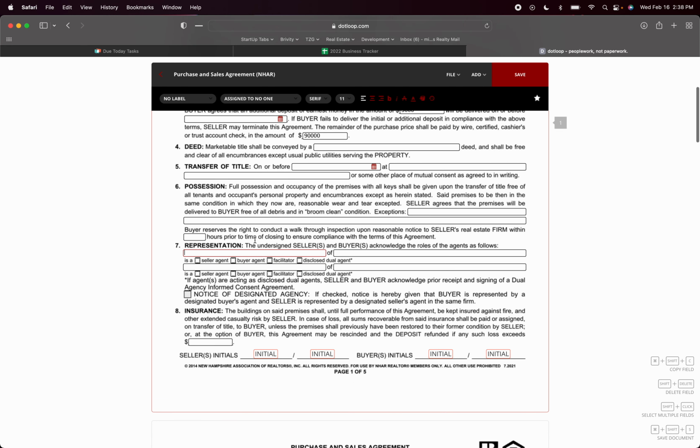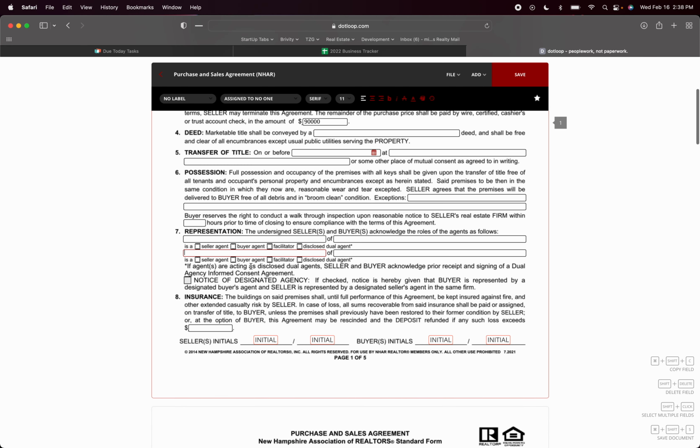Our office does prefer to only see one name in each of these sections here. So obviously the listing agent's name is going to come right from MLS. That should tell you who the listing agent is going to be. And in our market center, on our team, even though we do have multiple people listed on our listing contracts and on our buyer contracts, we have just the primary agent listed.